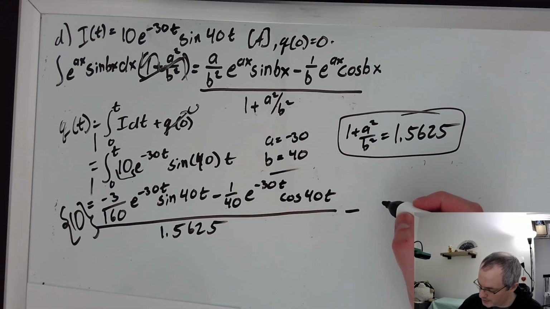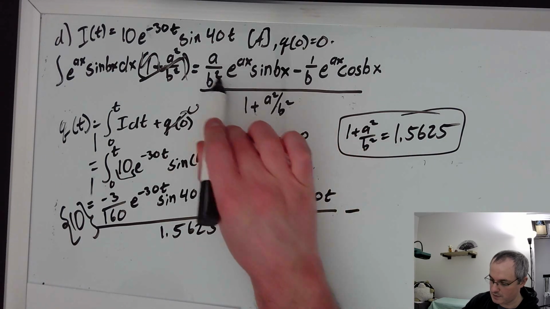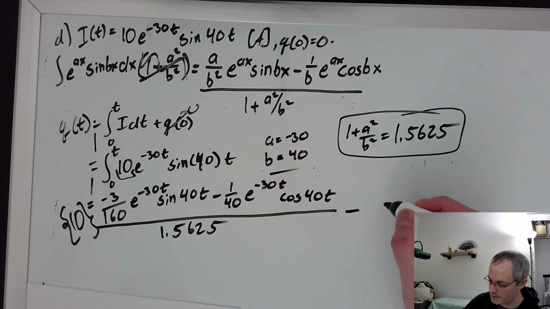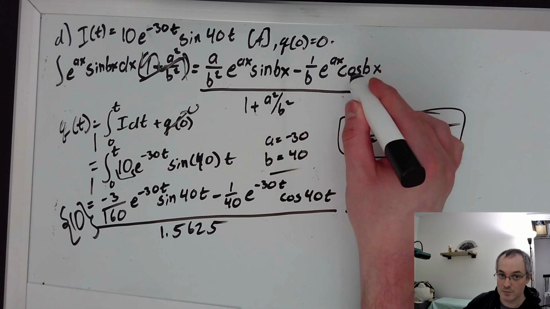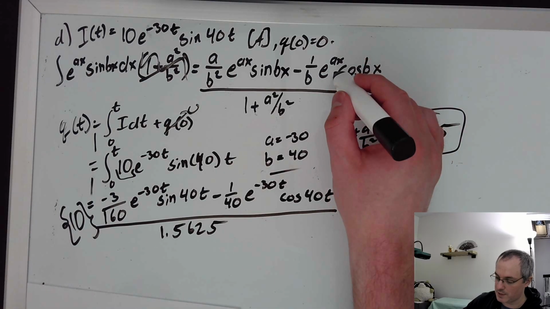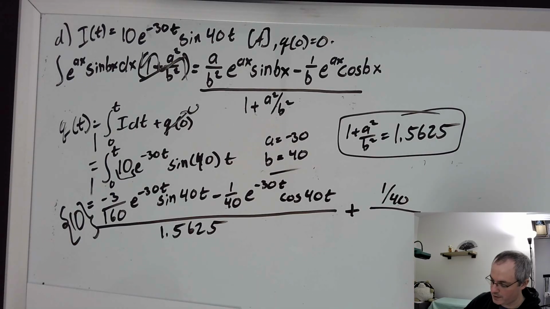All right, so at 0, the sine term is gone. This one is still there though, so we'll have minus this second term, where the cosine is gone, which is nice. The exponential just becomes 1. We have the minus, so it'll become plus 1 over 40 divided by 1.5625.